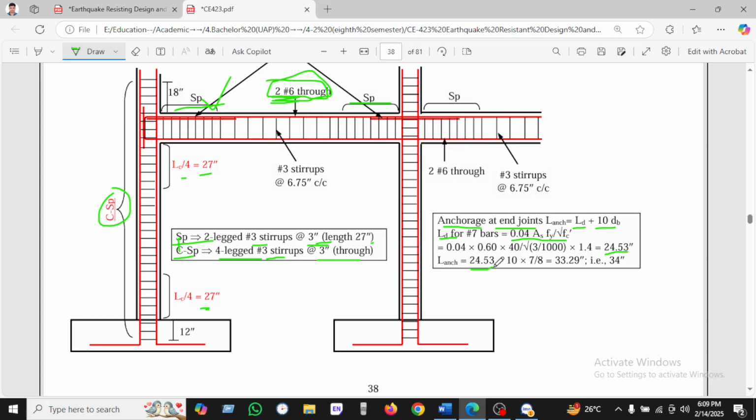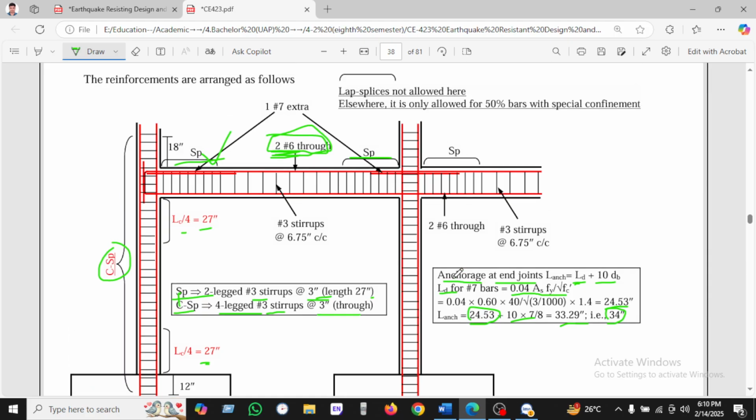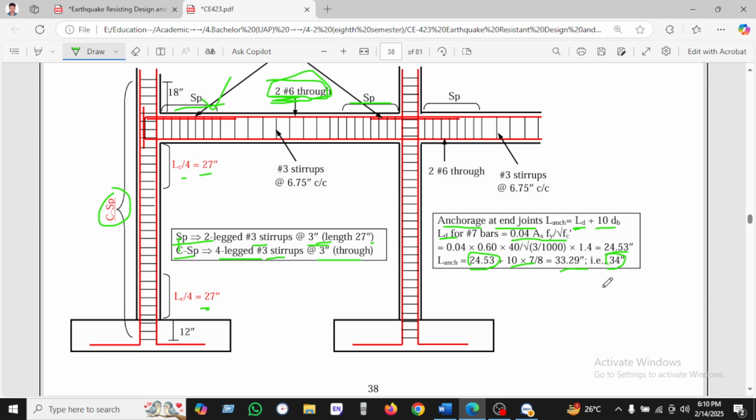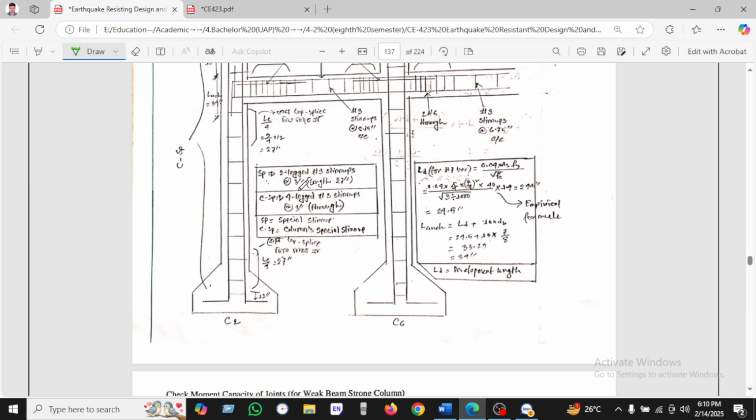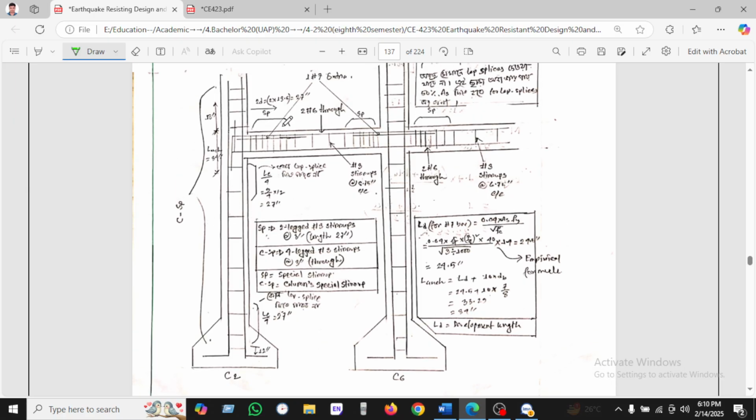Plus 10D, divided by 4, gives 33.29, which we use as 34 inches. So where development length is needed, we use 34 inches.